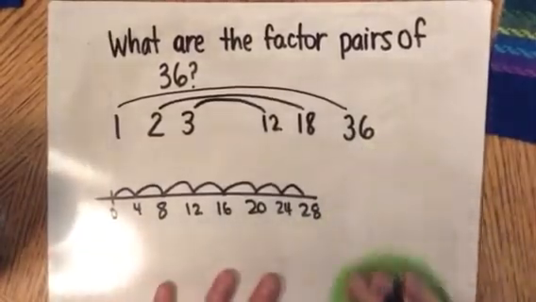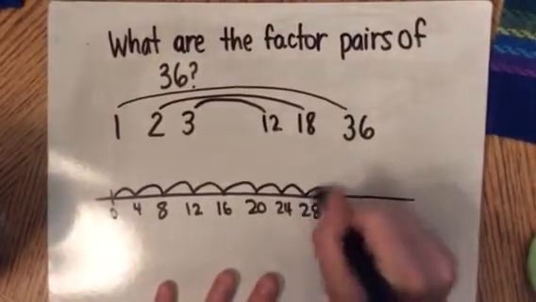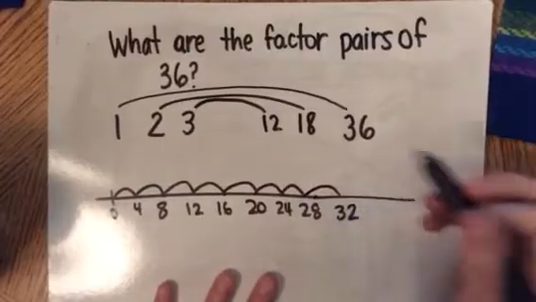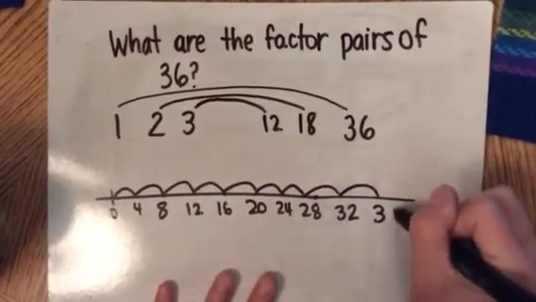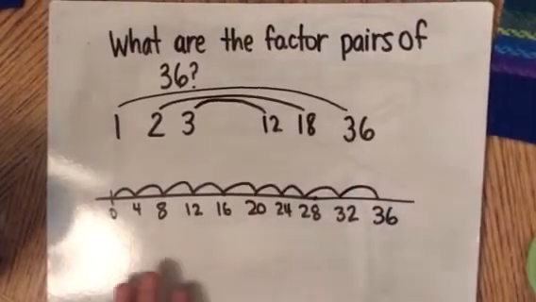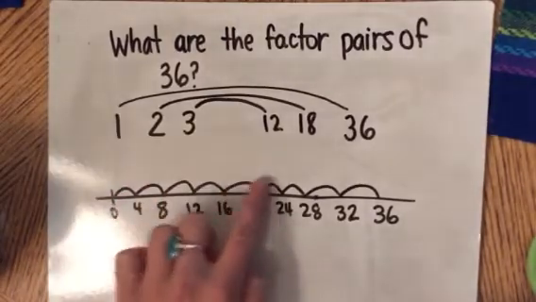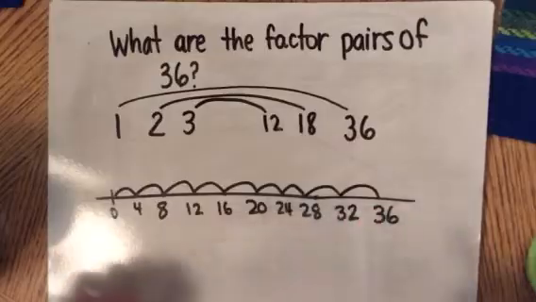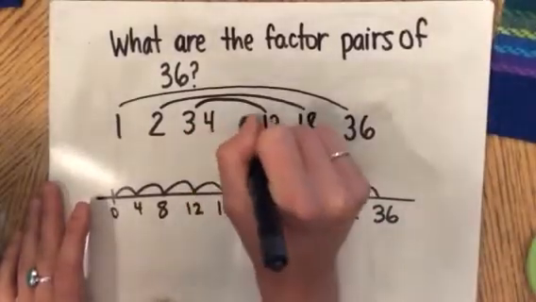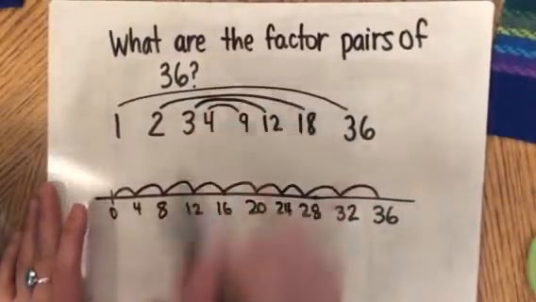Oop, I'm going to run out of room. 32 and 36. So how many times did I jump by 4? 1, 2, 3, 4, 5, 6, 7, 8, 9. So 4 multiplied by 9 is 36.